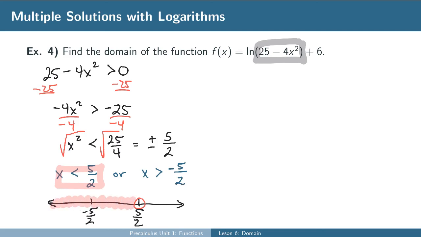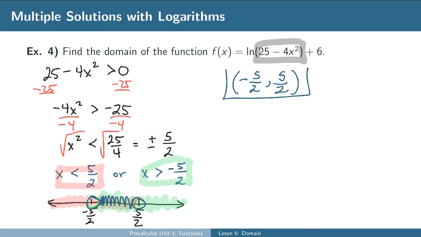When I look at the second piece, x being greater than negative 5 halves, again an open circle, but this time I'm going to be shading to the right. My solution is the part that overlaps right in the middle. That is my solution. So as far as my interval goes, negative 5 halves to positive 5 halves, that is an open interval, so I will have parentheses.